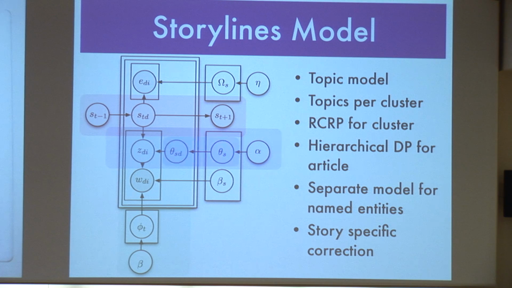And then, okay, so this is the hierarchical part again. This bit here, well, that's because we deal with entities specially. So I'm assuming that entities are just a multinomial from a multinomial distribution. And I can sort of get away with that because there are only a few entities, maybe a dozen or so in an article.